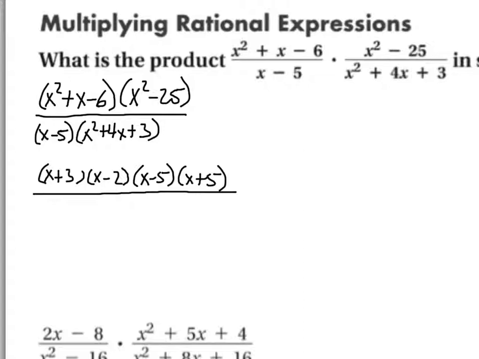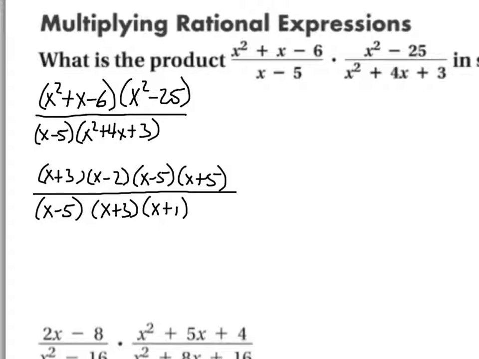Nope. And then how about that last trinomial? Again, the shortcut says we're looking for 2 numbers that multiply to give us 3, but add to give us 4. 3 and 1. So it's going to be x plus 3 times x plus 1.